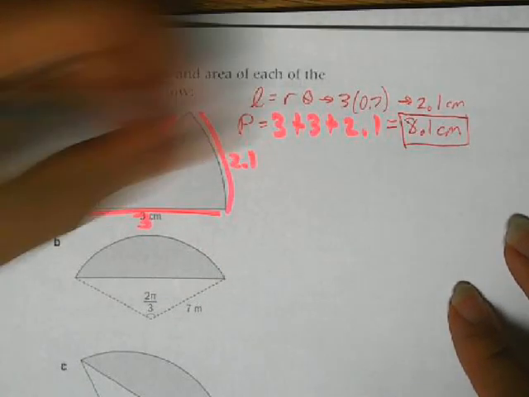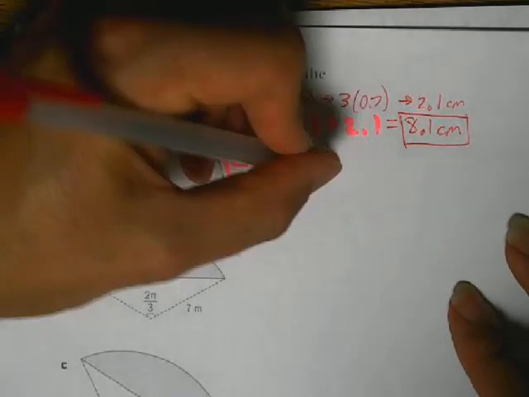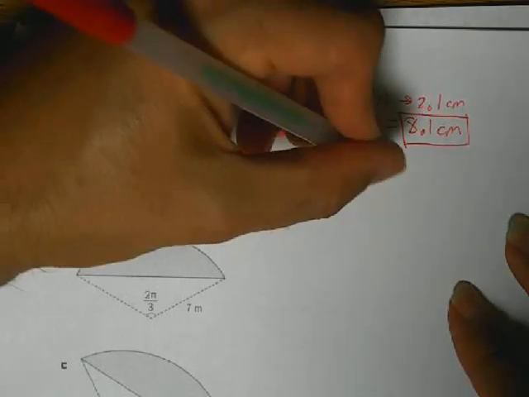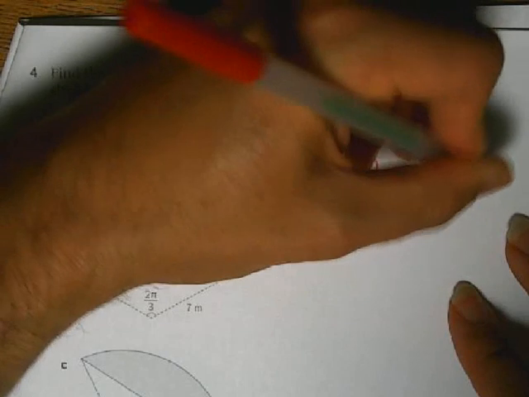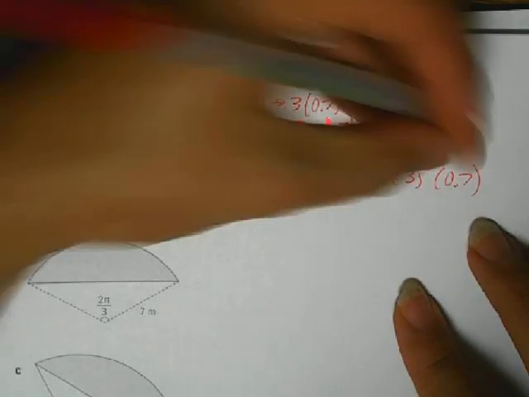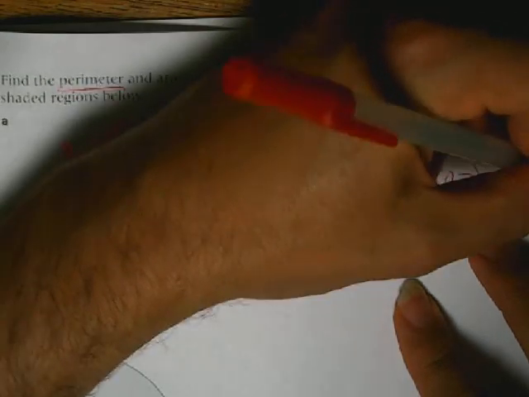Now the area of the sector is 1/2 r squared theta, so we get 1/2 times 3 squared times 0.7, and plugging that into the calculator, the area equals 3.15 centimeters squared.